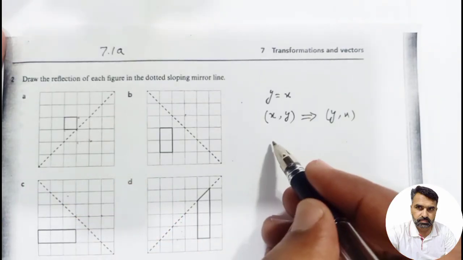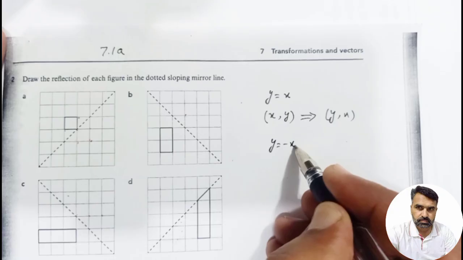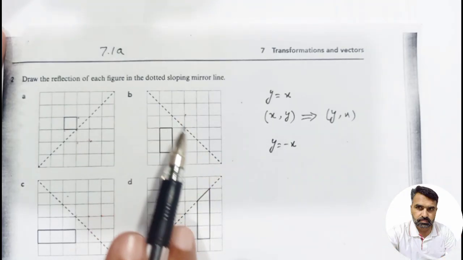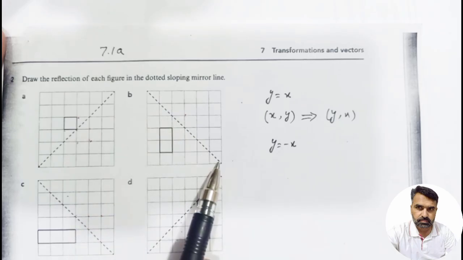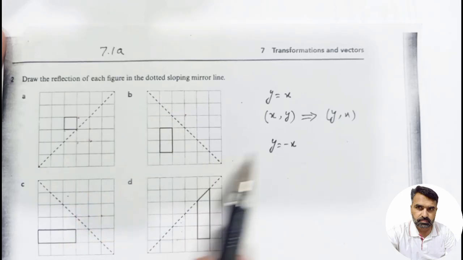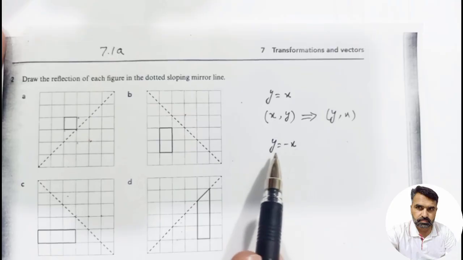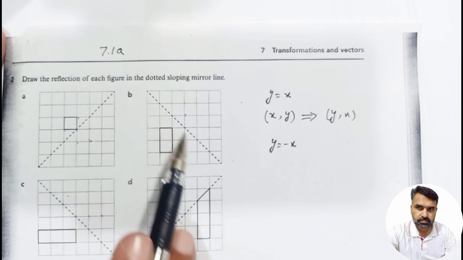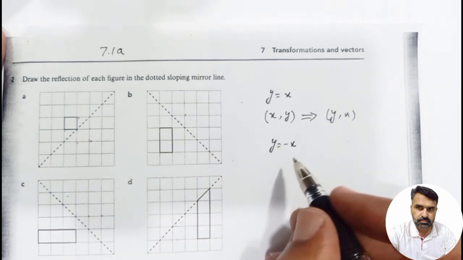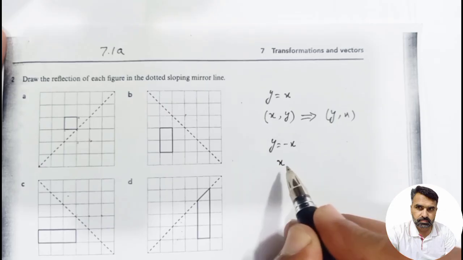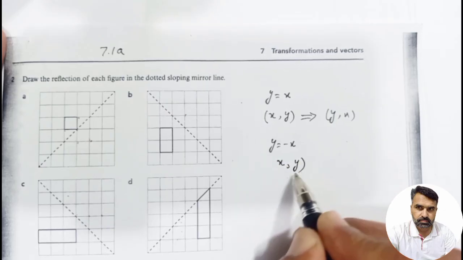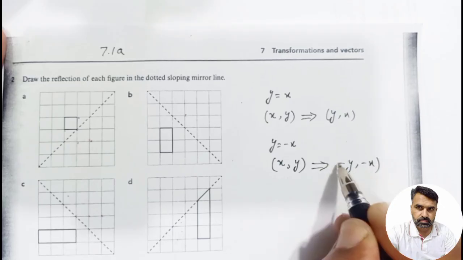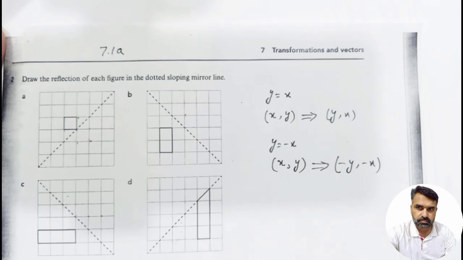And if the equation is y is equal to minus x, I mean a line that is passing through origin and moving left to right downward, the equation of this line is y is equal to minus x, and if the mirror line is y is equal to minus x, then we have to reverse the coordinates with changing the sign. I mean to say that x, y coordinates will be changed into minus y, minus x. So you have to keep in mind these two formulas.